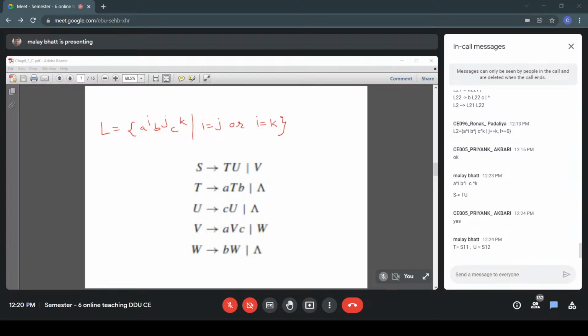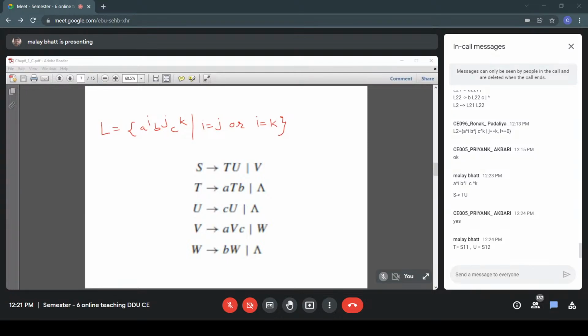Because a raised to i, b raised to i is your L11 language. So it starts with a symbol S11. And c raised to k is independent. So it will start with S12. So that is how we have T and U here.